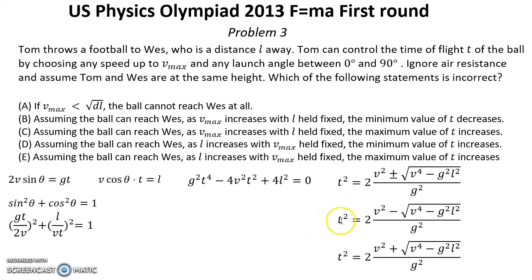It means that the time will increase, which is not the answer for D. If we take maximum time and we increase L, this root will decrease and time will decrease, which for answer E is good, because here we have a negative answer, which is correct. So E could be the correct answer. Now let's take a look at B and C.